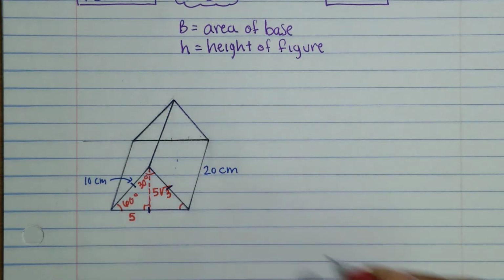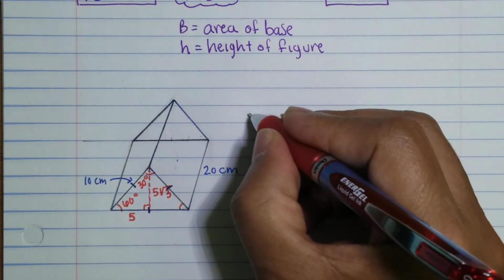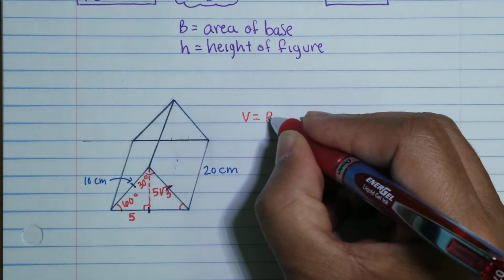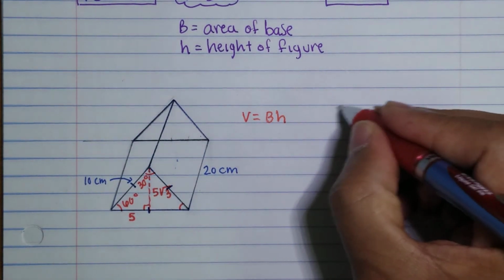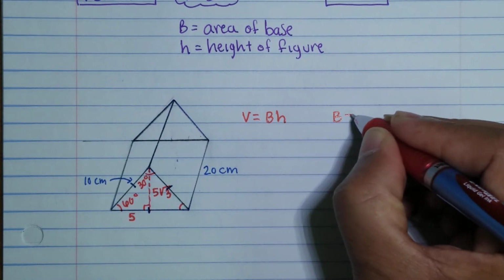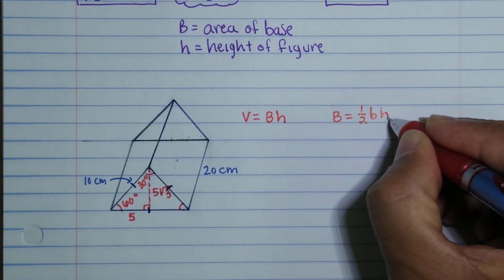Now I'm going to copy the formula for volume. Volume equals the area of the base times the height. Let's list the base and the height of this prism. To find the area of the base, a triangle, it's 1/2 the base times the height.